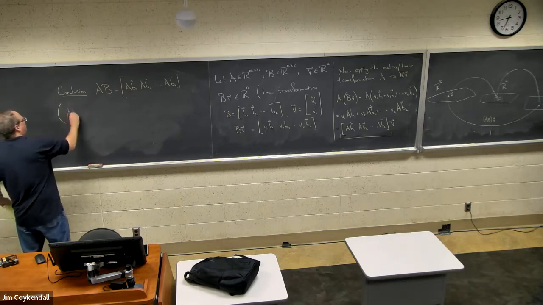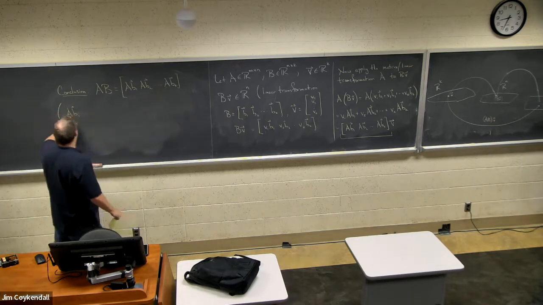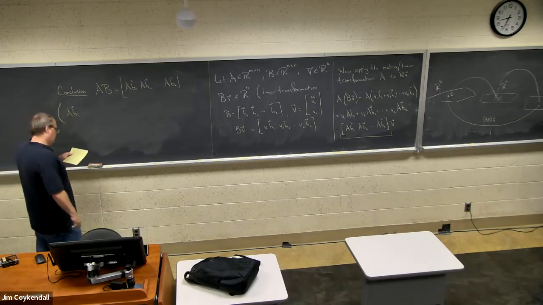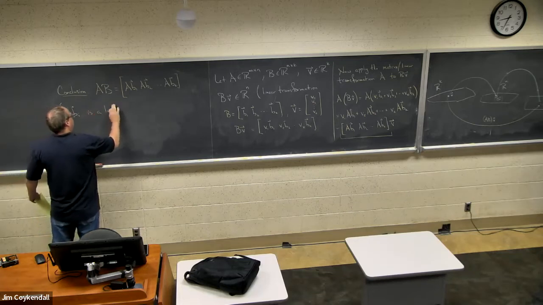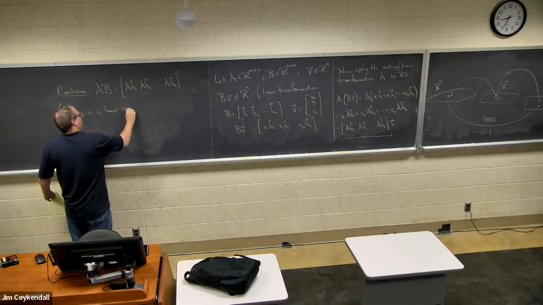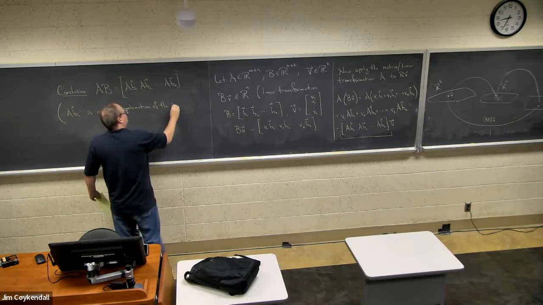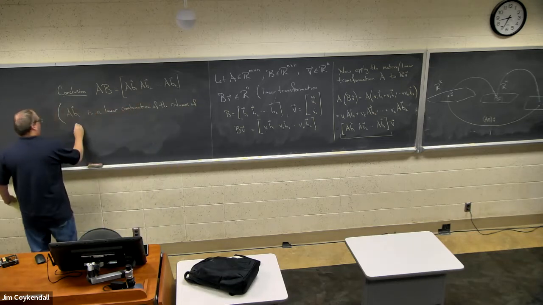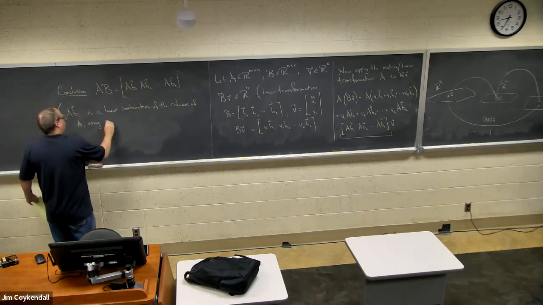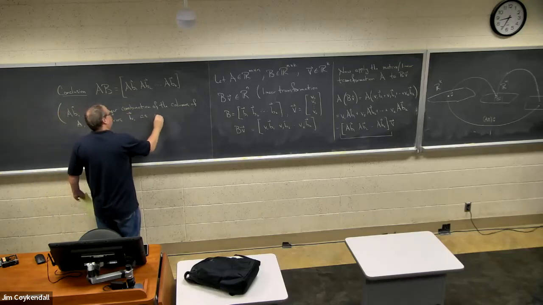Let me make a note of each A, B, and I. So each one of these columns, AB1, AB2, all of these, is a linear combination of the columns of A, with the entries of the vector B_i as weights.